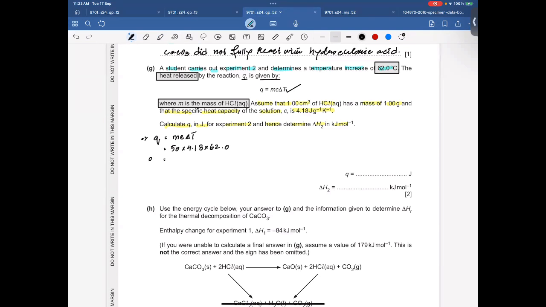So Q is 50 into 62 into 4.18, which is basically 12,958 joules.